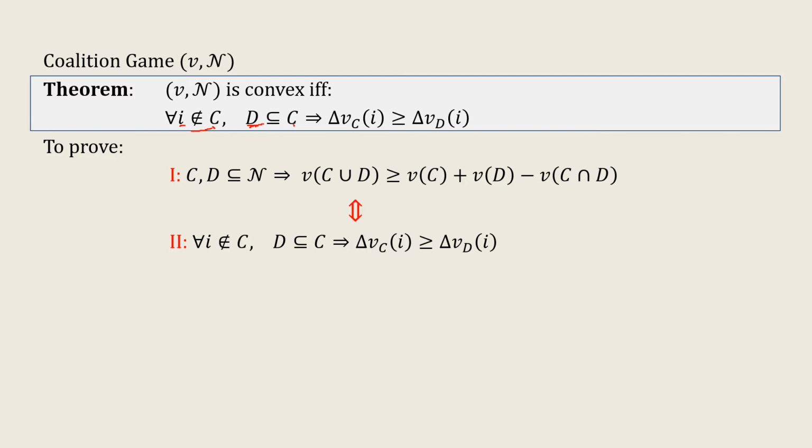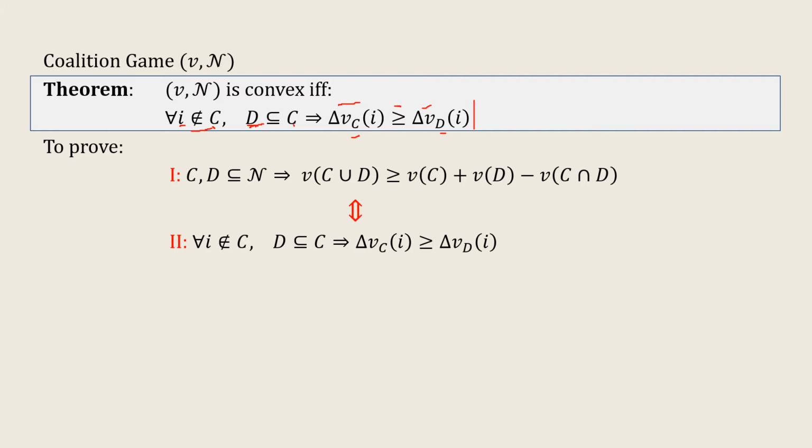Then the contribution of i to C is greater than or equal to the contribution of i to D, the smaller coalition D. And this is what we have to prove. So this, in fact, is an alternative definition of a convex game.